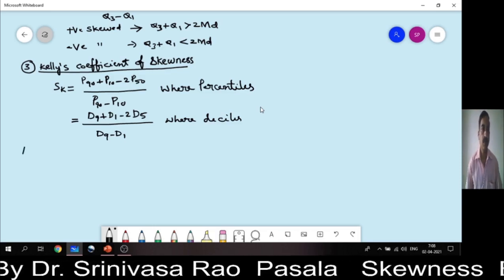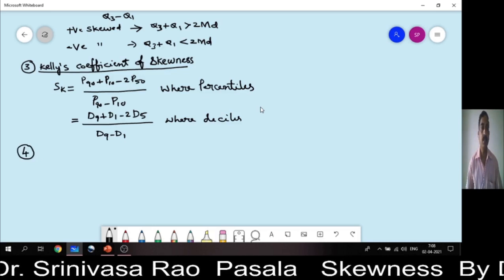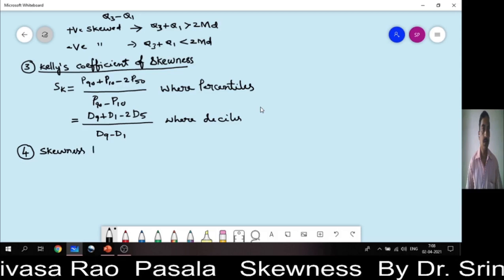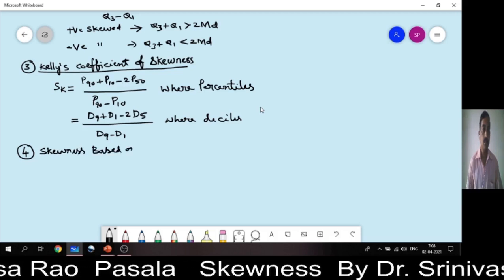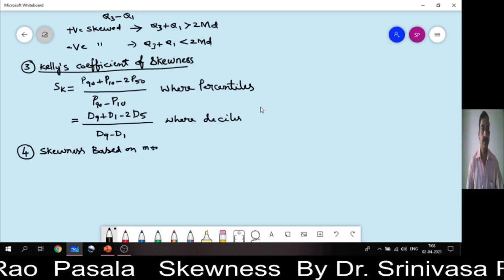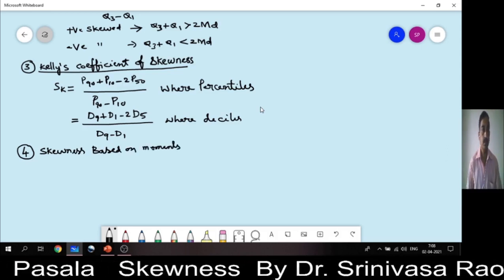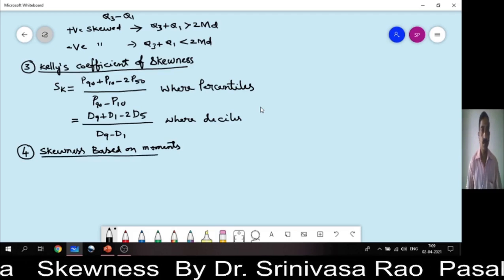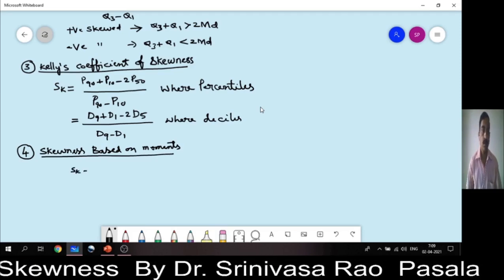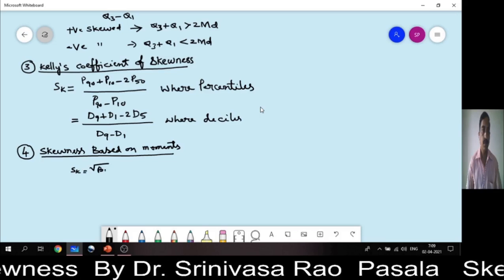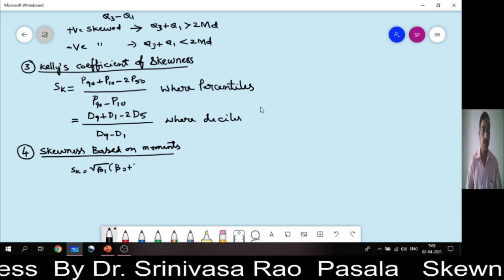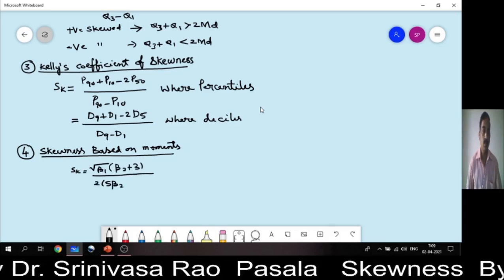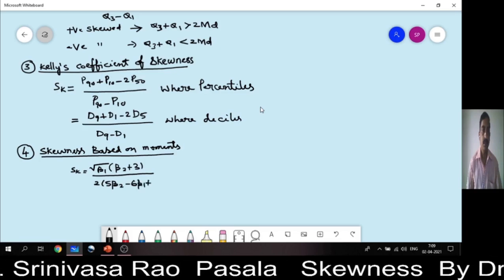Another formula is also there, which is based on moments. Skewness based on moments: SK equals square root of beta 1 into beta 2 plus 3 by 2 into 5 beta 2 minus 6 beta 1 plus 9.